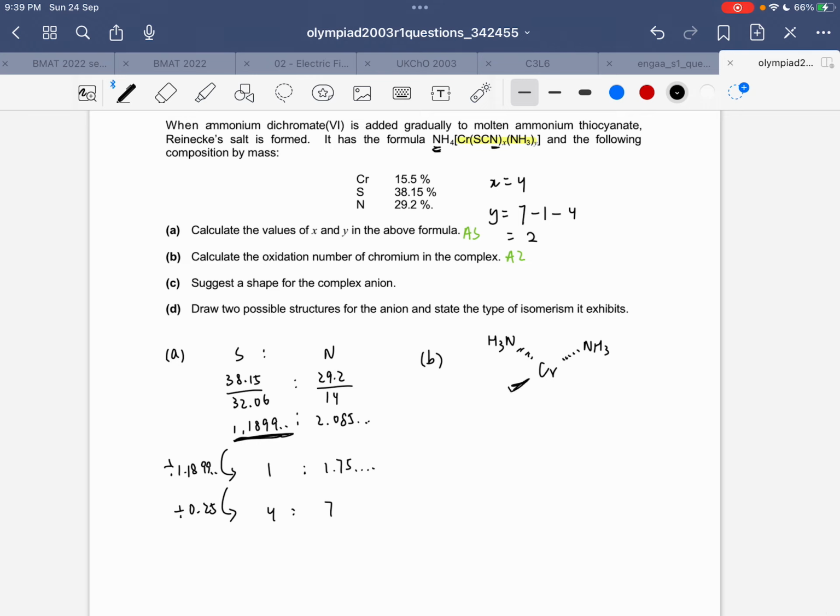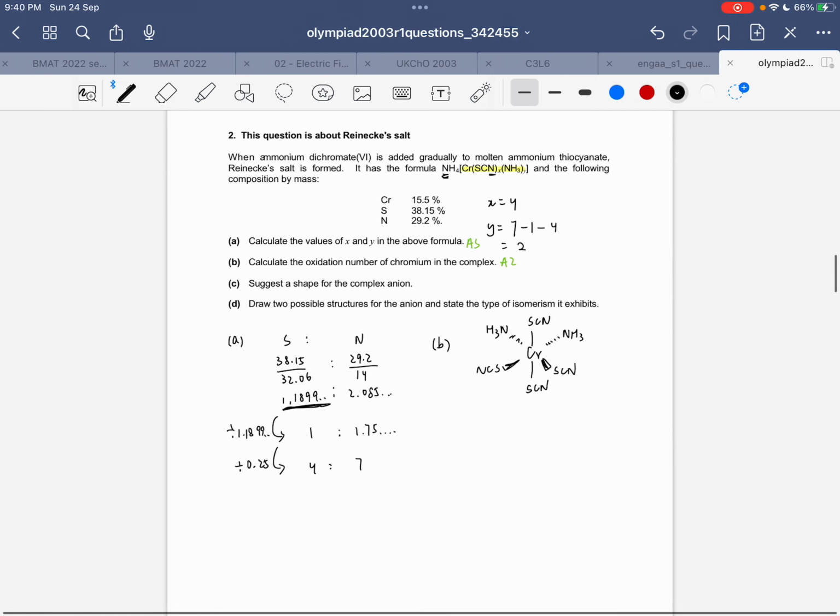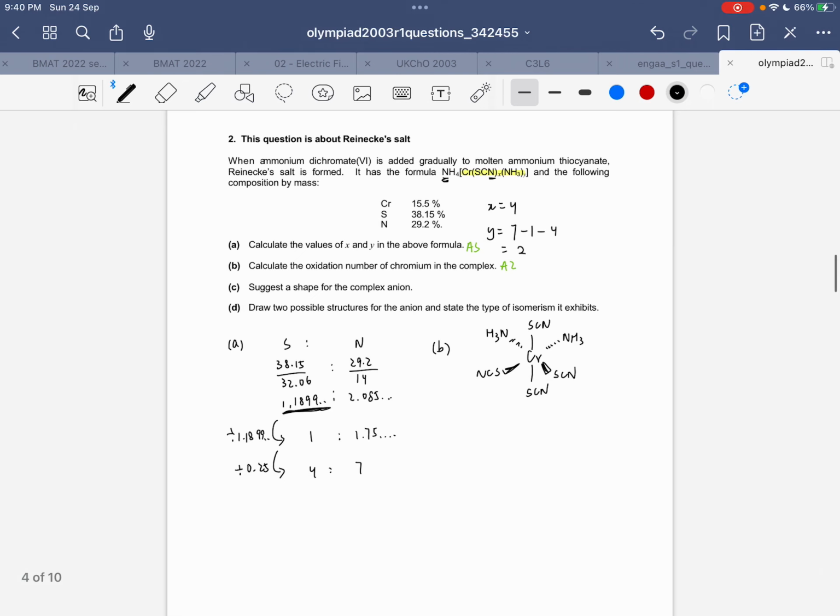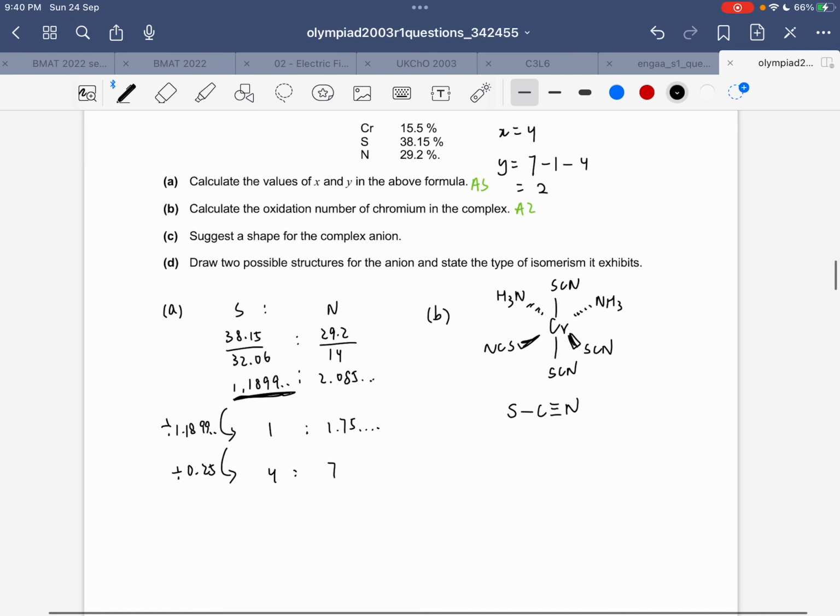And for those that might not be familiar with SCN, you can just try and draw out the structure. S will be bonded to C, and C will be triply bonded to nitrogen, and this will give me a charge of -1.